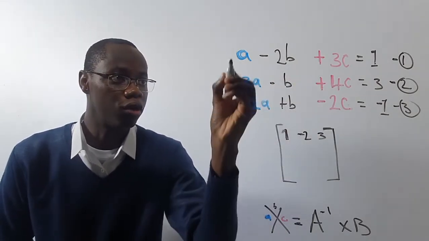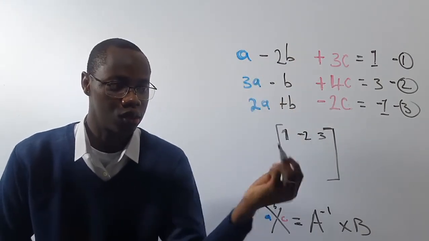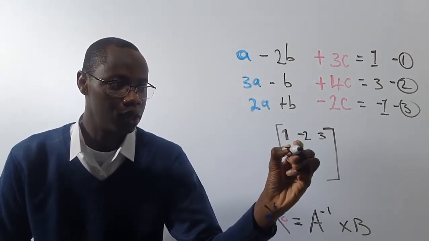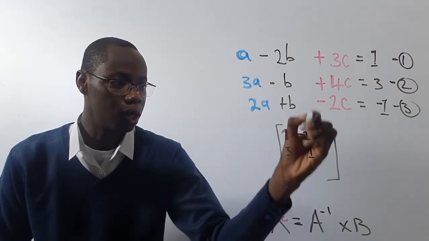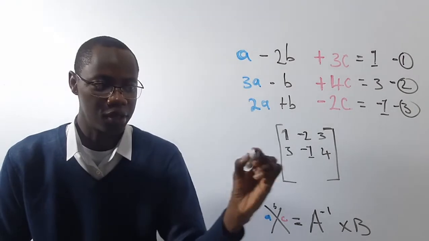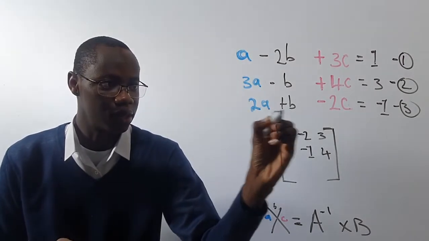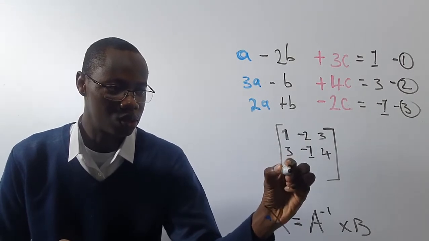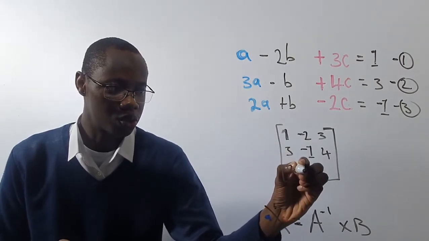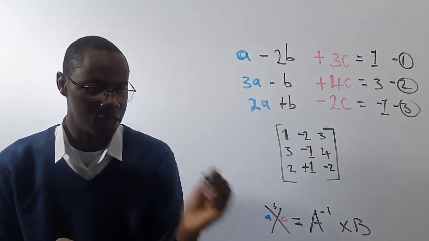The first equation we have 1, minus 2 and 3, so just copy and paste it here. The next one, you guessed it, 3, minus 1 and 4. Now the last one, very easy, just exactly the way we did it 2 by 2. Just copy and paste: 2, plus 1 and minus 2. Very easy. That's our A.